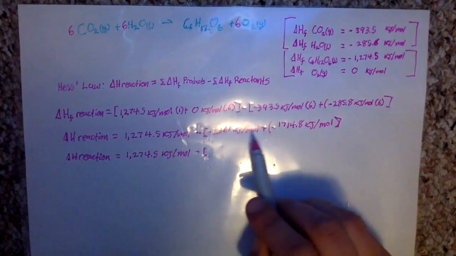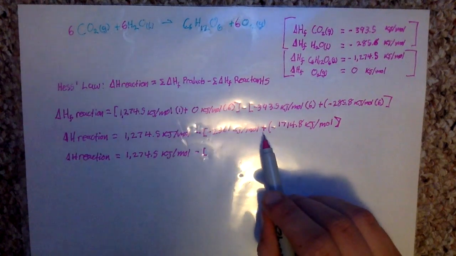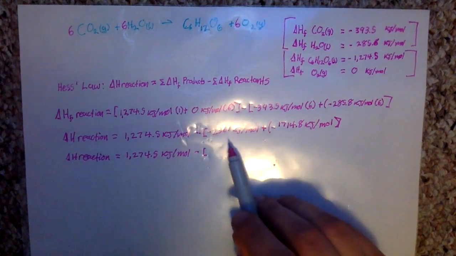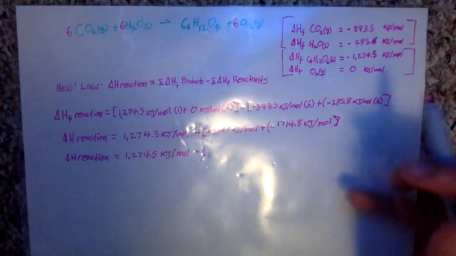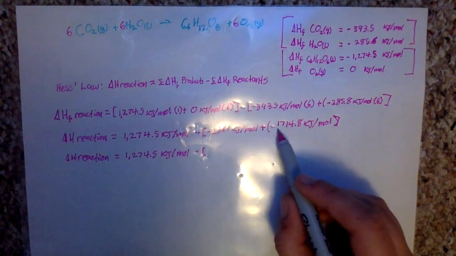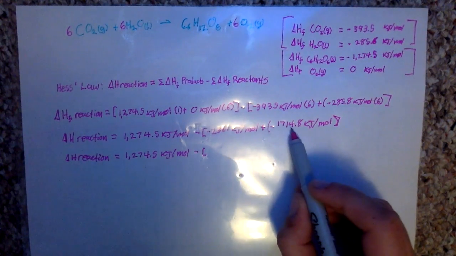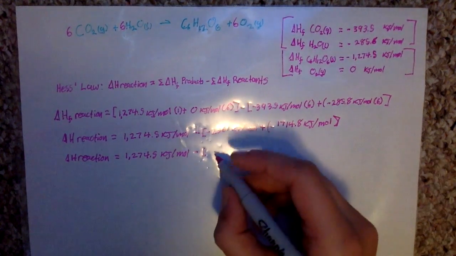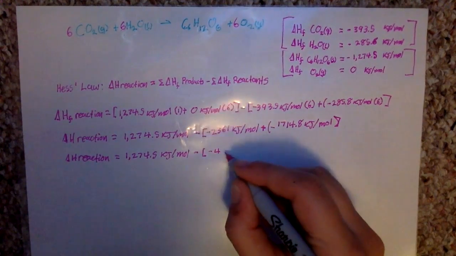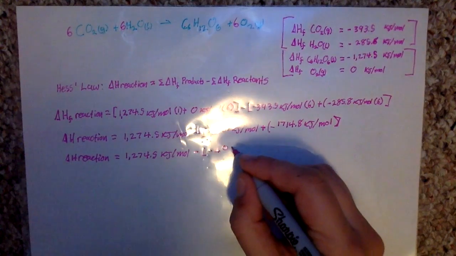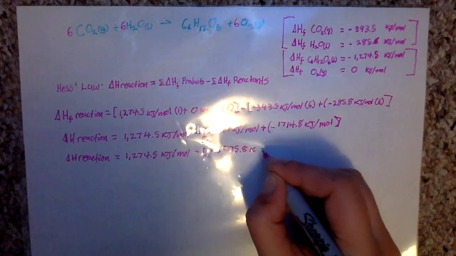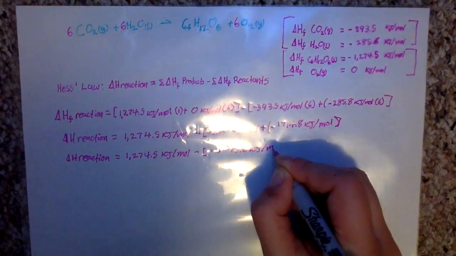And so if we have a negative number minus another negative number, that means that this number is basically just going to be getting larger, so a larger negative. And so this is going to be minus 1,714.8 kilojoules per mole, and this is all going to equal out to be negative 4,075.8 kilojoules per mole.